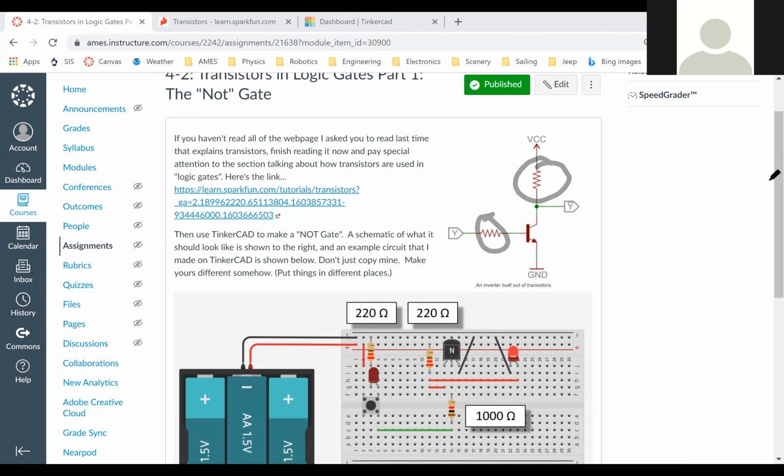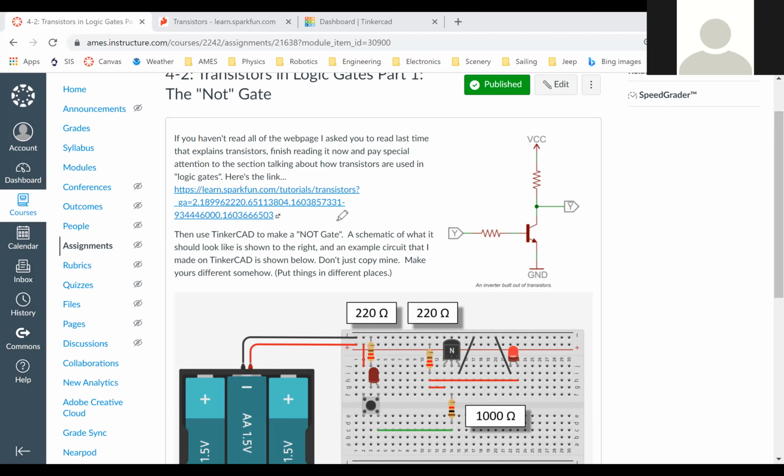And when you play around with this, you're going to discover that if you make this resistor too high or too low, same thing with this resistor, it's not going to work. So I'm just going to let you play with that and figure it out on your own.